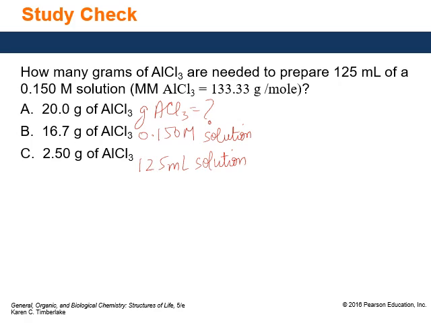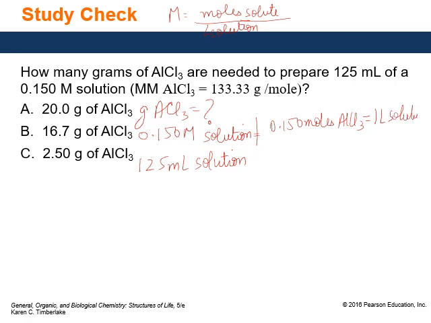So what is molarity? Remember, molarity is moles of solute over liters of solution, right? So let's convert this into our conversion factor. If molarity is 0.150, that means I can rewrite this as 0.150 moles of solute, which is AlCl3, is equal to 1 liter of solution.